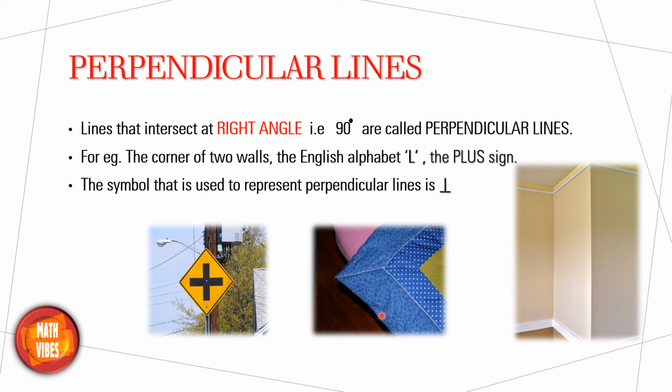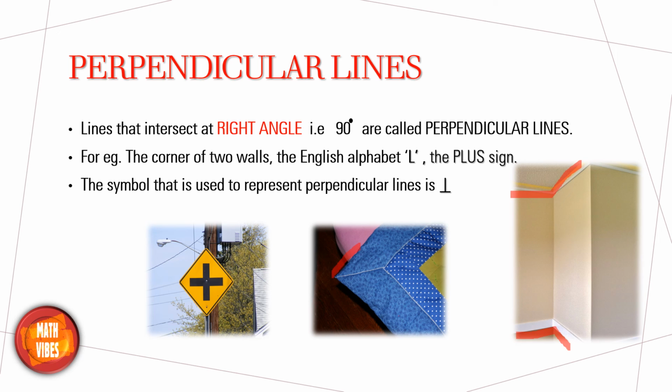Another perpendicular line example is this corner of the wall, where the two walls are meeting. If you see over here, they are making the shape of L. It is somewhat distorted, not the proper L, but if you rotate this figure, you will see that it is L only.